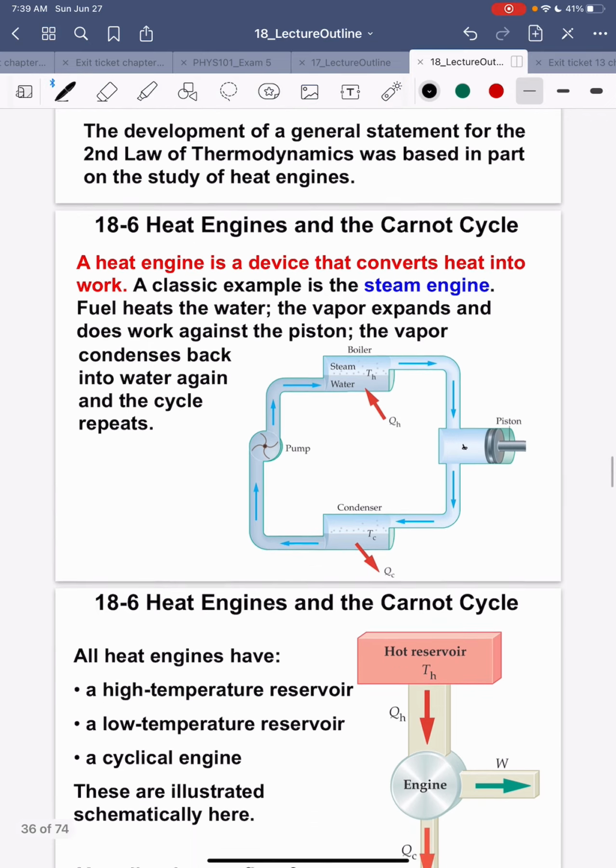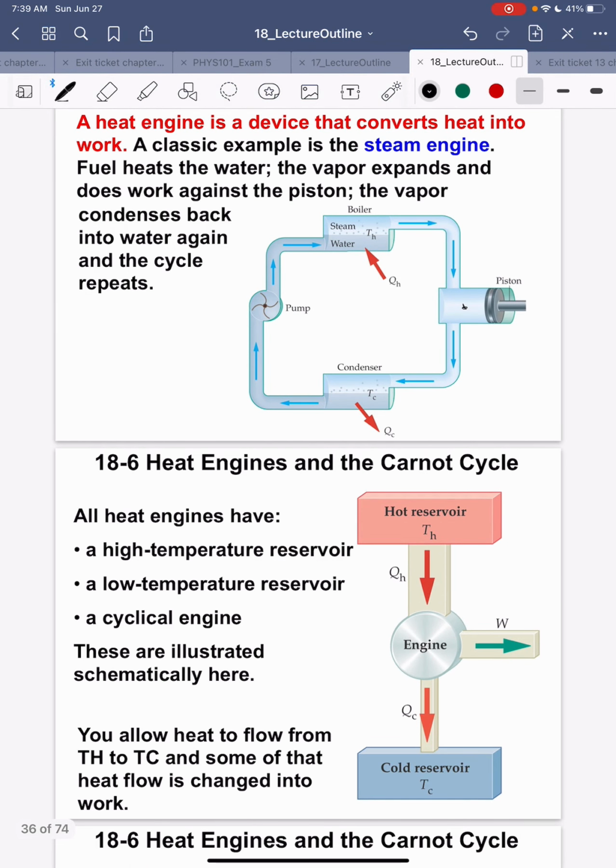Now, in all heat engines, we have a high temperature reservoir, which is the one making things warm, and a cold temperature reservoir where the heat is expelled.